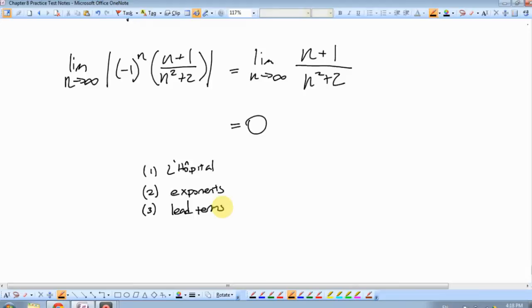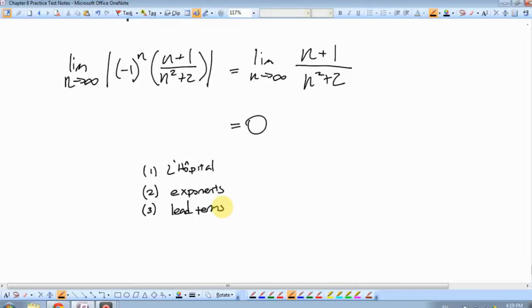The lead terms quickly make the other terms insignificant. Once n gets to 1,000, the difference between 1,000 and 1,001 becomes really insignificant. Same with the denominator: 1,000 squared plus 2 is nearly identical to 1,000 squared. So the lead terms quickly overwhelm all of the subordinate terms.